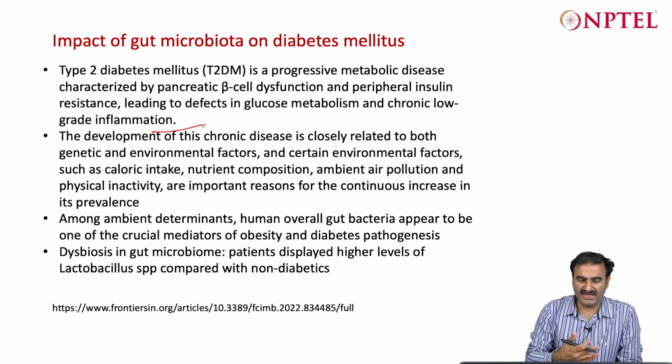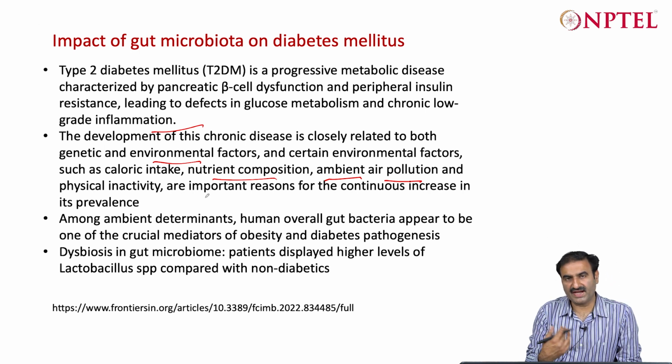So along with the genetic, there could be several other environmental factors: calorie intake, nutrient composition, ambient air pollution, physical inactivity, which can lead to diabetes. But when we are assessing it, the role of the microbiome is also equally important.